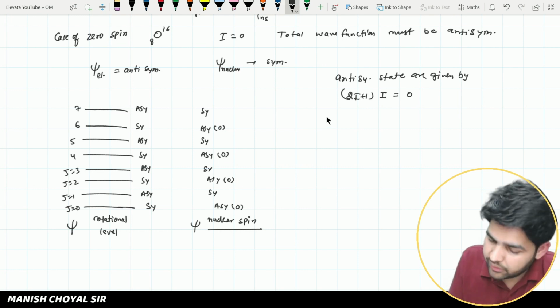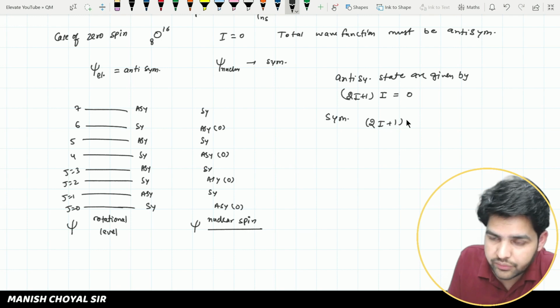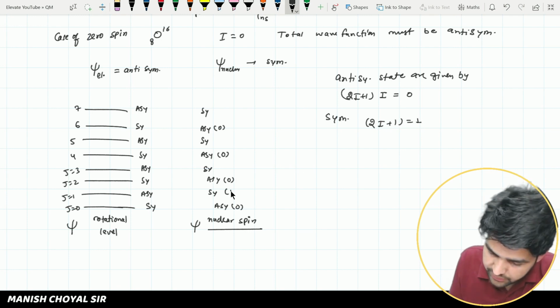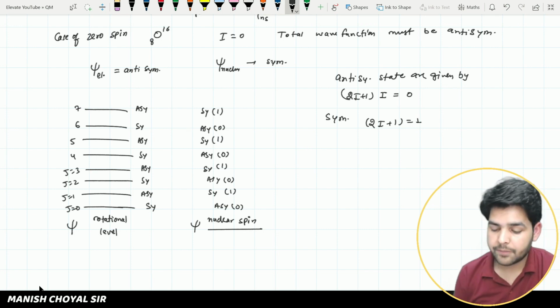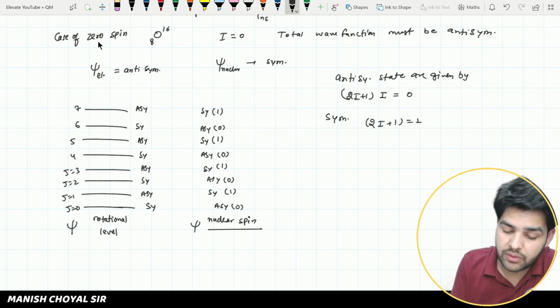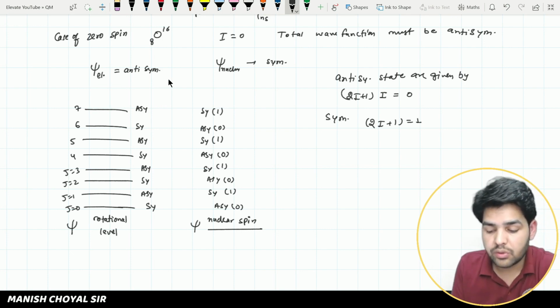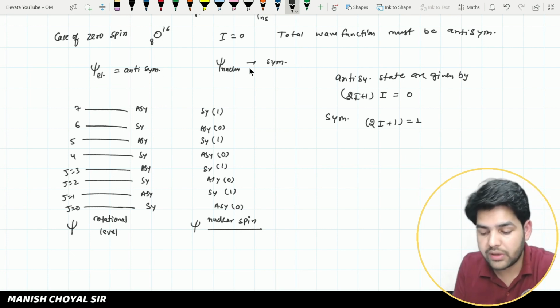And for the symmetric states, which is 2I plus 1, that is 1, so here 1, 1, 1 and 1. So in the case of zero nuclear spin, if the electronic ground state is antisymmetric, the wave function of the nucleus is symmetric.